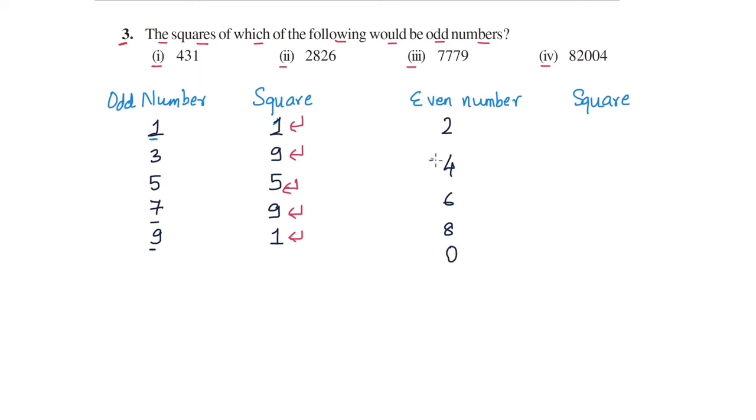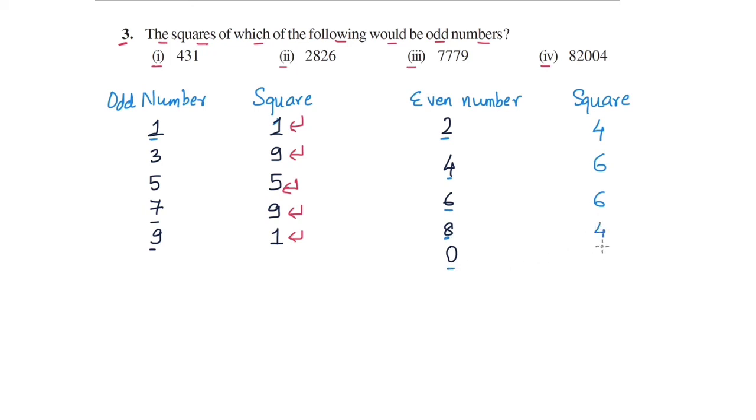Now, if we square these even numbers and take only the unit digit, we get 2 squared as 4, 4 squared is 16, so 6, 6 squared is 36, so 6 here also, 8 squared is 64, hence 4.